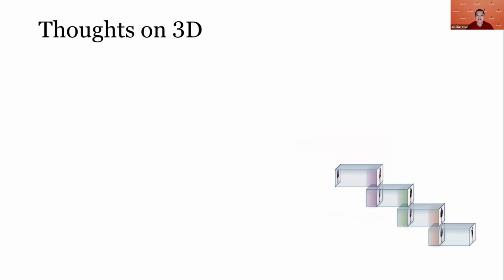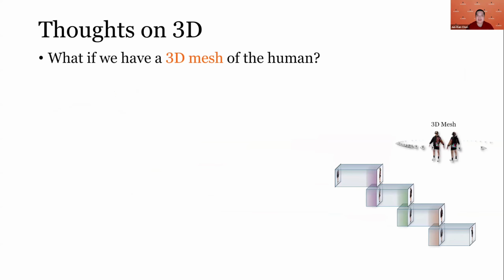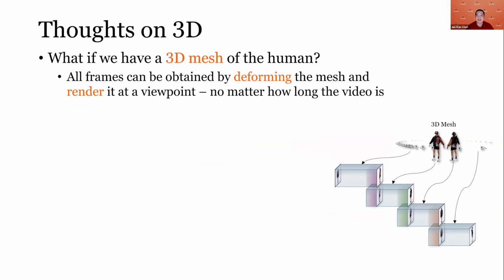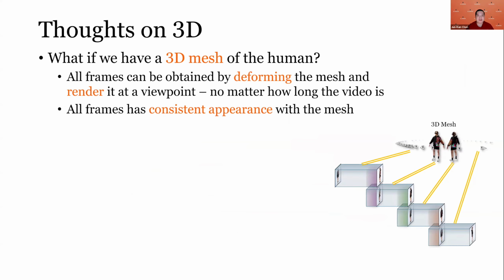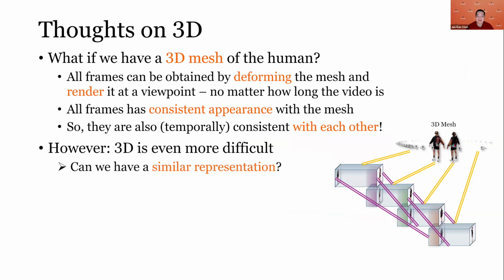To ensure this consistency, one idea is to first have a 3D mesh of the person wearing the garment, so that each frame can be rendered from the mesh after deformation and also stay consistent with each other. However, this kind of 3D generation is even more challenging than video.